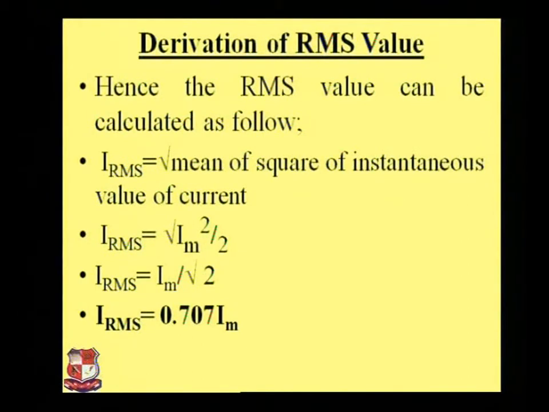As we already found, IRMS equals the square root of Im square by 2, or IRMS equals Im by root 2. The value of 1 by root 2 is 0.707, so IRMS equals 0.707 Im. This is the final value of the root mean square value of current.